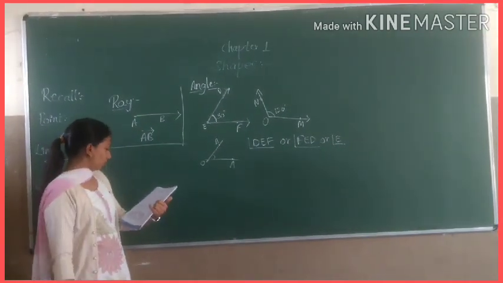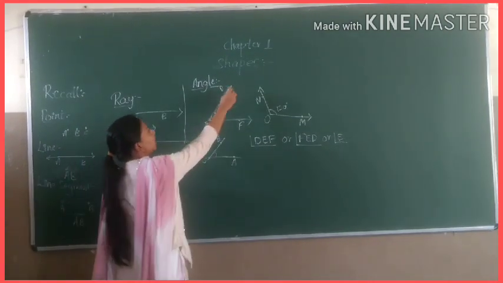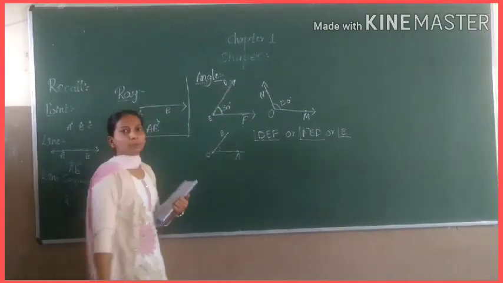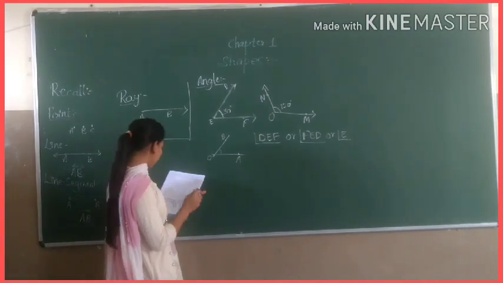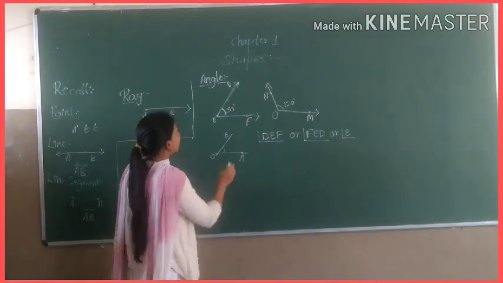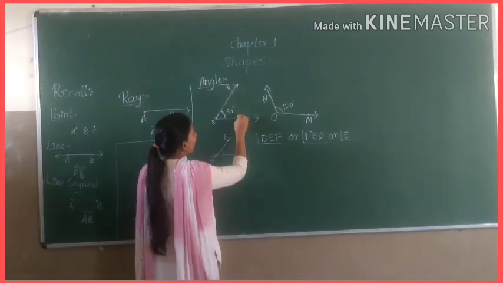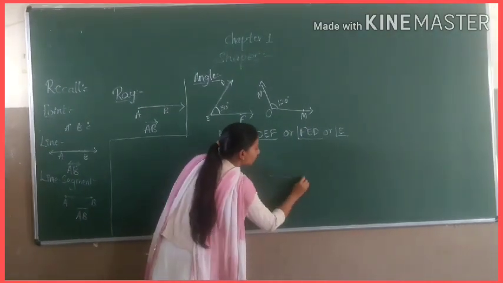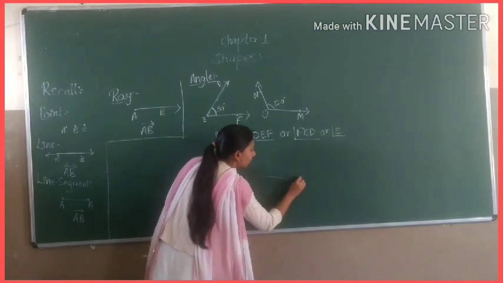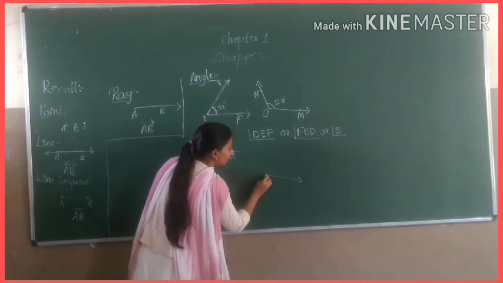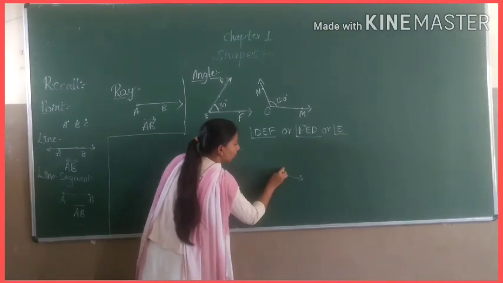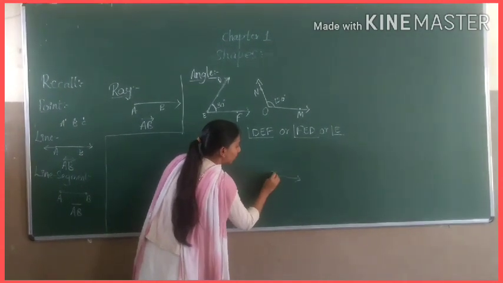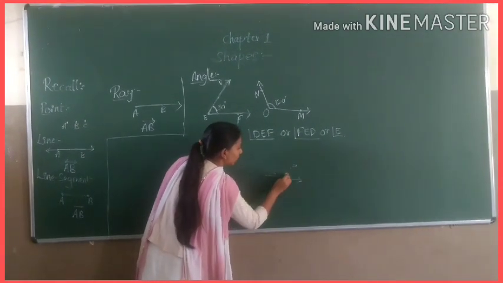Okay. Then how can we form an angle? How will the angle be formed here? See here, children. We can consider an angle as the movement of a ray. This is the first ray, and this is the second ray. Now it is here, now it is moving, now it is here.